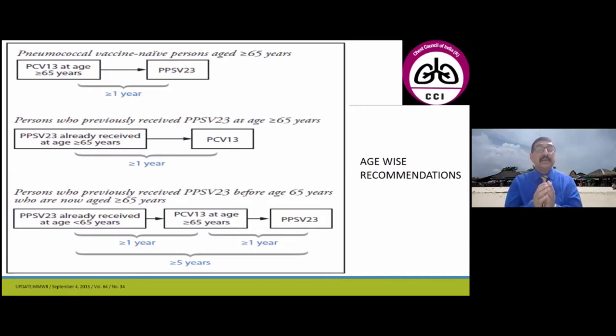So if the patient has been vaccinated with PPSV23 before 65 years, once the patient crosses 65 years, you have to vaccinate with PCV13 after a gap of 1 year. Then after a gap of 1 year, you have to give PPSV23. But the time limit between two PPSV23 vaccinations should be at least 5 years. You have to maintain that gap.